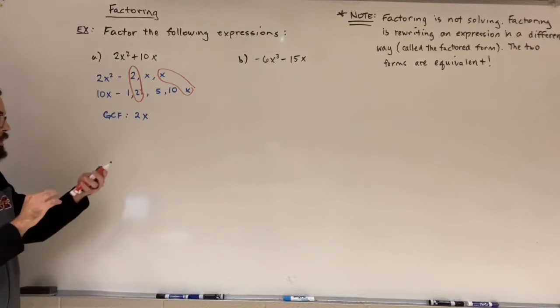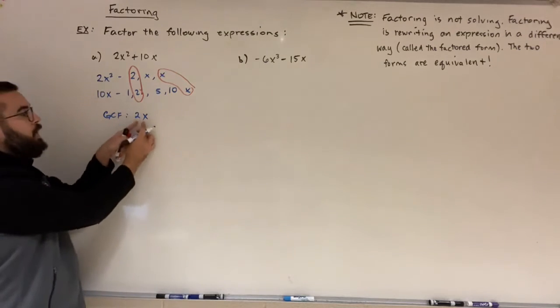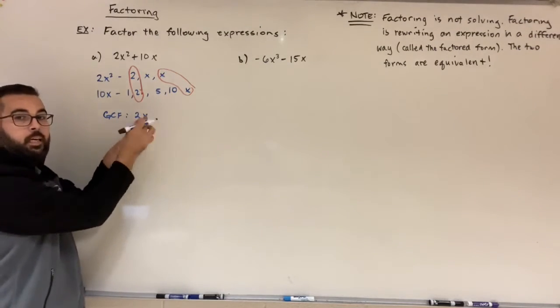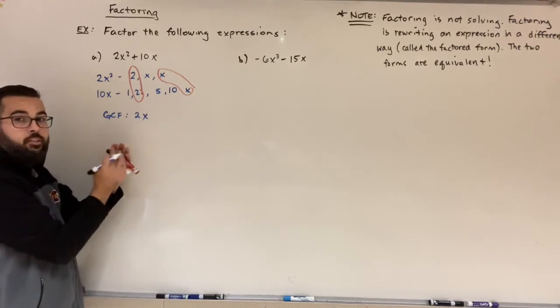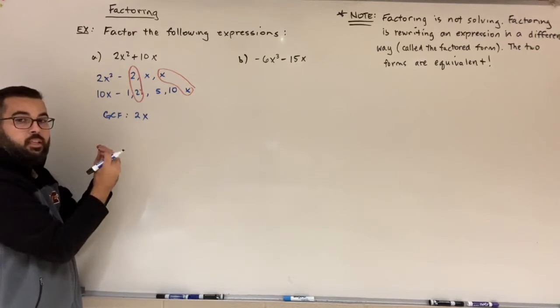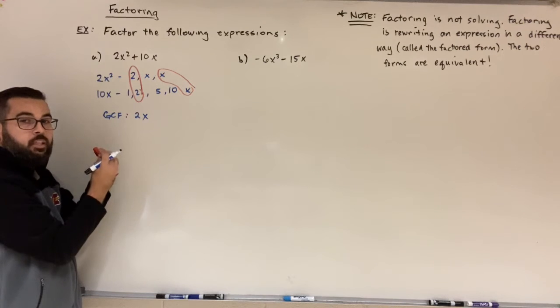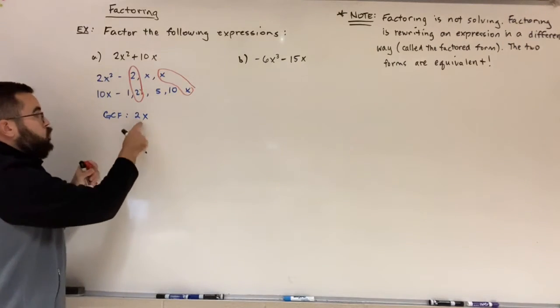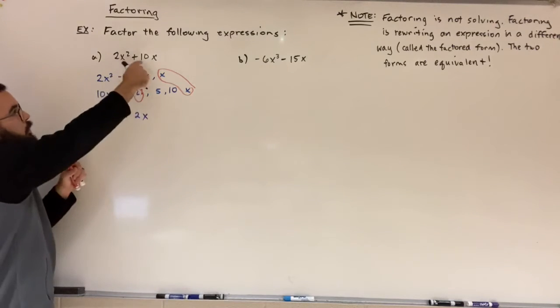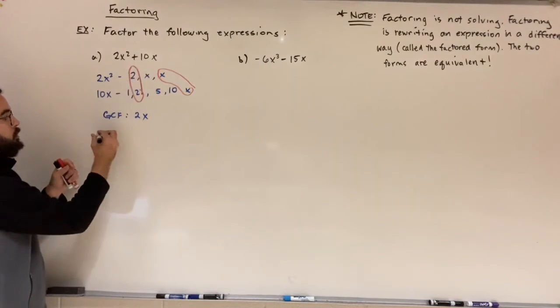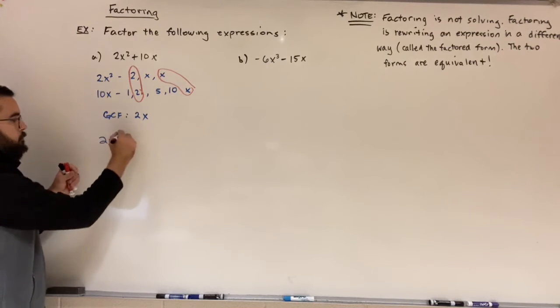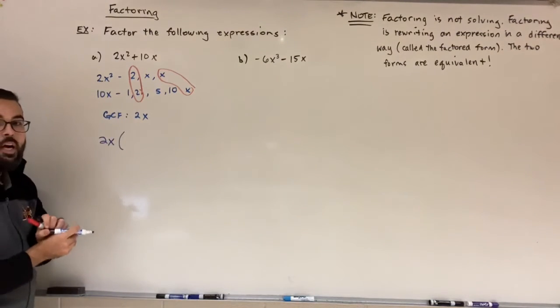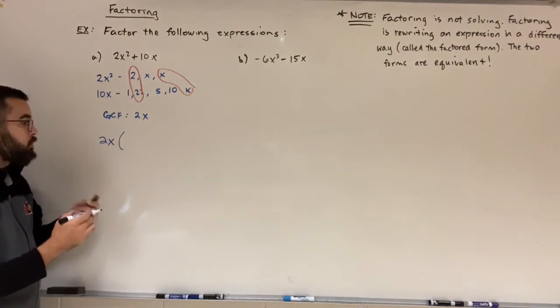So, factoring, what we're going to do is we're going to factor out, which is akin to dividing. So factoring and dividing are almost the same word, okay? So you can think of factoring like dividing. So, what we do is we're going to factor out 2x from each of these terms. All right, or we're going to divide 2x out.